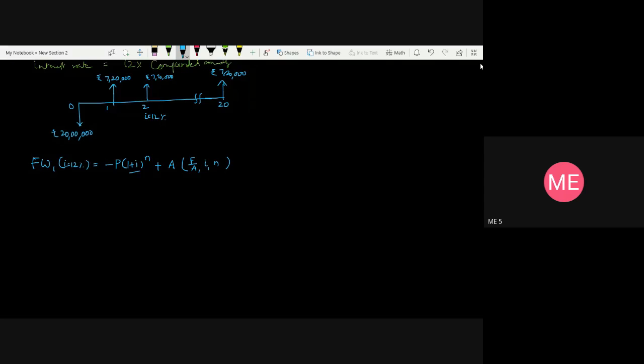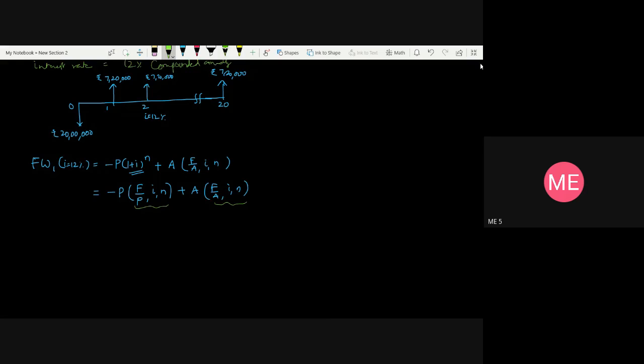This can also be written as minus P into F by P comma i comma n, plus A into F by A comma i comma n. I can use the factors here. Both are compounding factors: this is the uniform series compounding factor, and this is the single payment compounding factor.